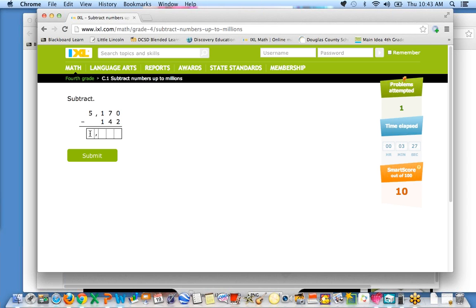And Lucas, as soon as you get this answer, I want you to do the inverse operation and check our work. So maybe we're learning some vocabulary today as well. Inverse means the opposite. So the opposite of subtraction is addition. The opposite of multiplication is division.